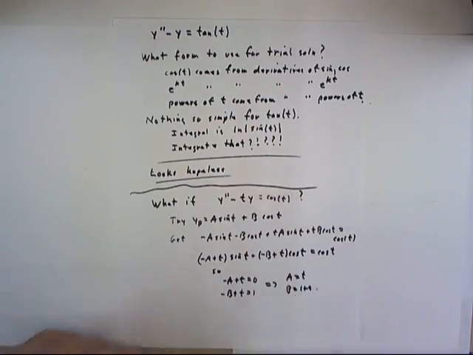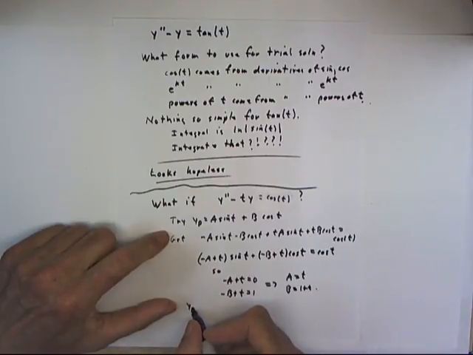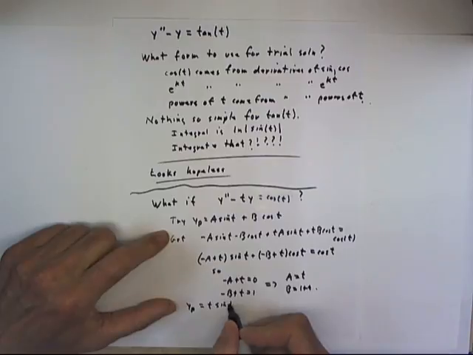You might not yet see the problem with that, but now we would then come up with yp equals t sine t plus 1 plus t cosine t. Yp prime, well, we'd have to apply a product rule here.